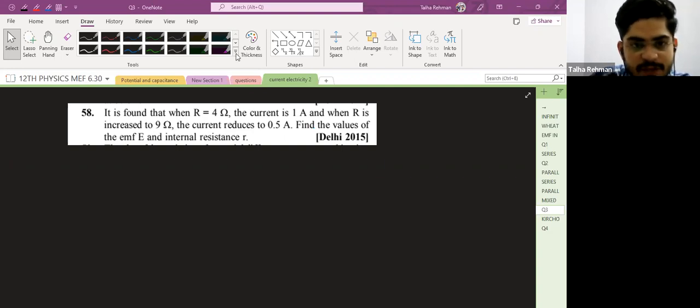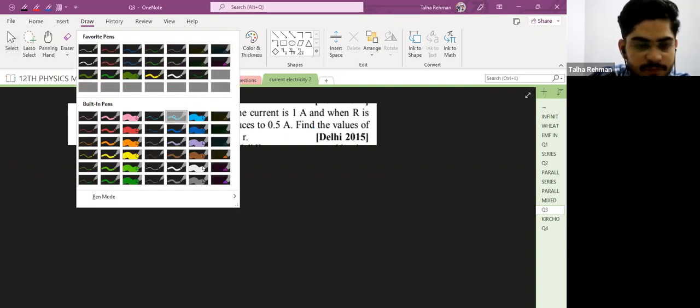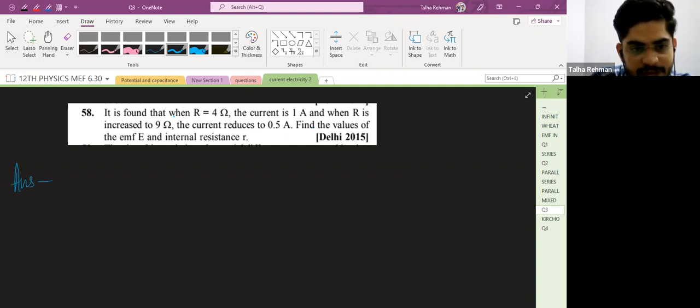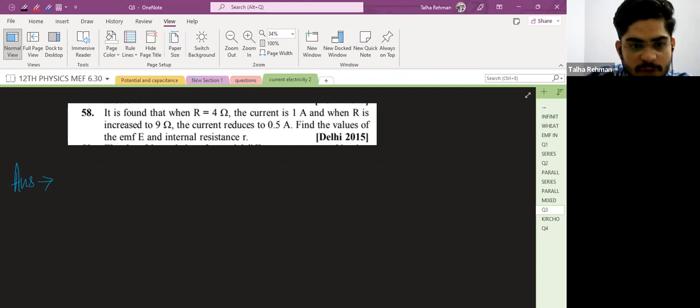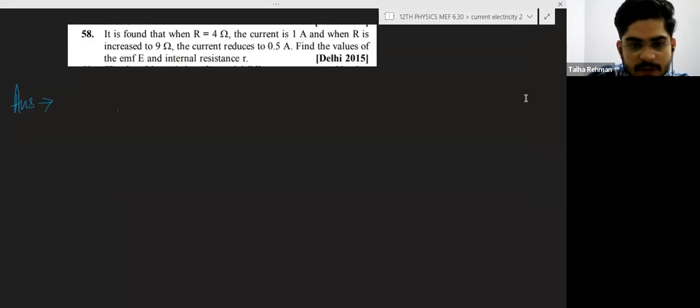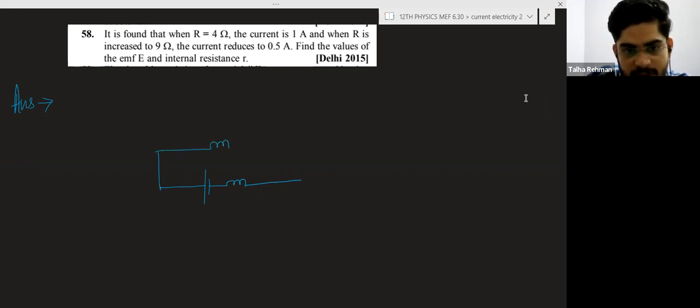So always try to make the circuit of the question, always try to make the diagram. So I am just making the diagram. Suppose here is a cell like this, and this is the internal resistance of this cell, and this cell is connected with first a resistance of R is equal to 4 ohm.